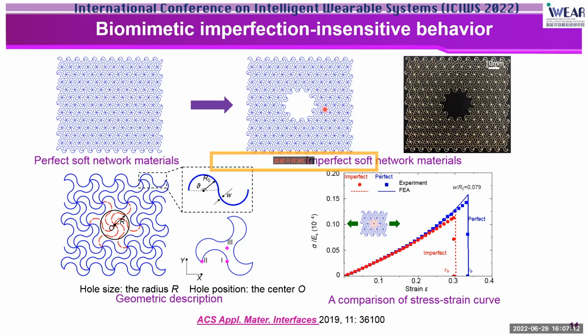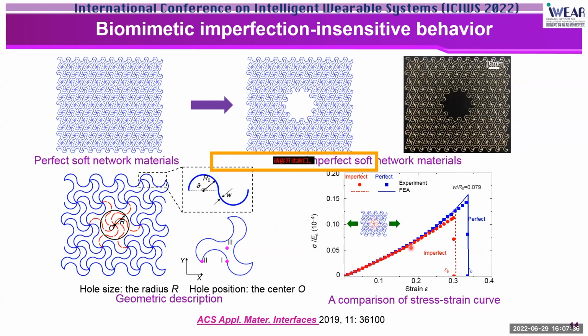So here, even when we use the brittle material to construct this soft network, the strength and stretchability can be quite imperfection insensitive. So we have studied a range of different circular holes in the network, including different sizes and different positions of the holes. And here is a representative result.